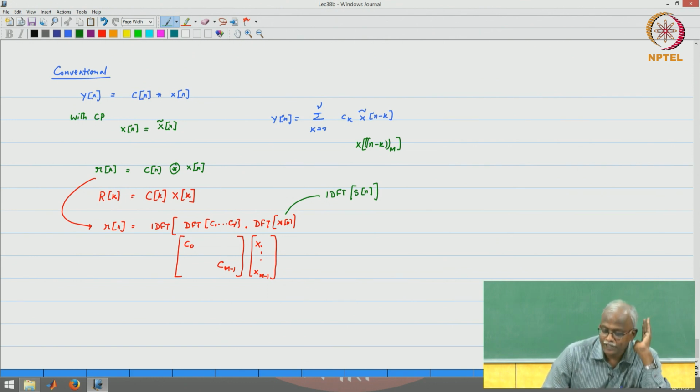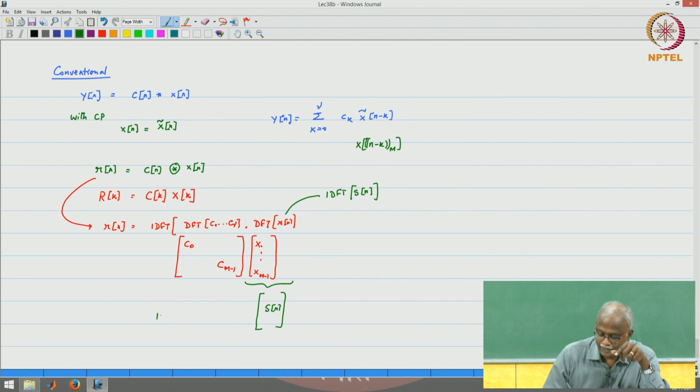So this DFT can be removed, because DFT times IDFT will cancel each other. Then this part of it will become S of n, followed by the DFT of the C coefficients, followed by the IDFT.